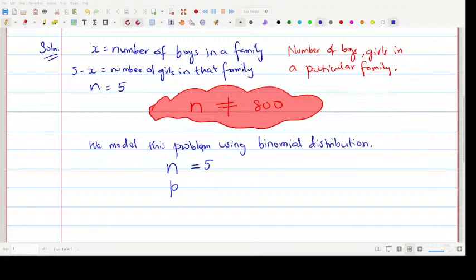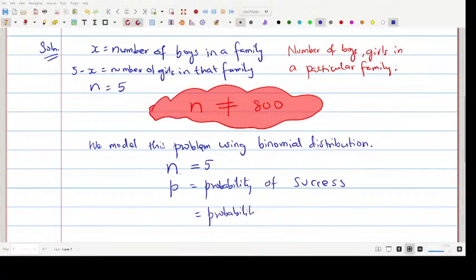Next we have p. What is p? p is the probability of success. What is the probability of success here? Let's say we are counting the number of boys here, right? So the probability of a boy among the children is called p.